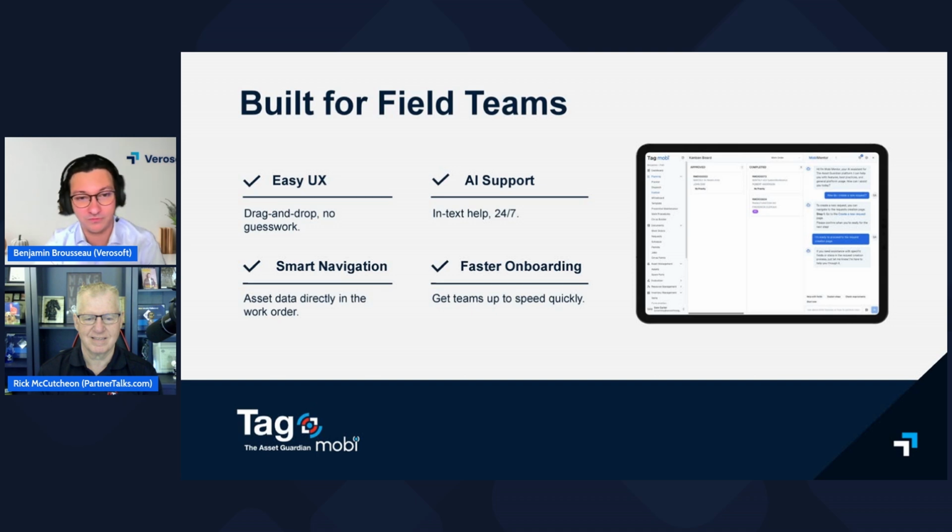And this fosters a faster onboarding. There's a significant turnover in maintenance teams. Right now technicians are a rare catch for manufacturers, so they move from organization to organization. They need to get onboarded on maintenance systems quickly.